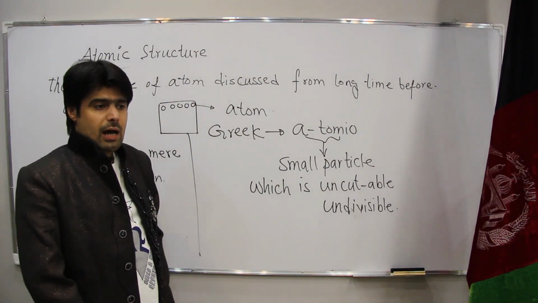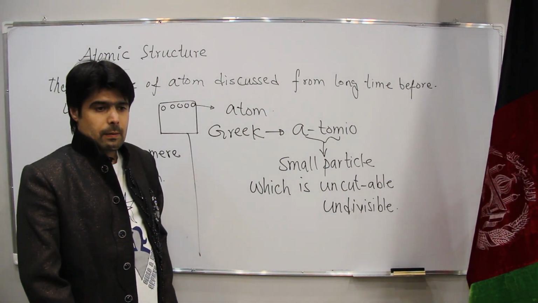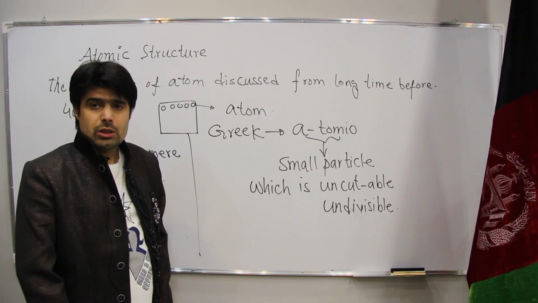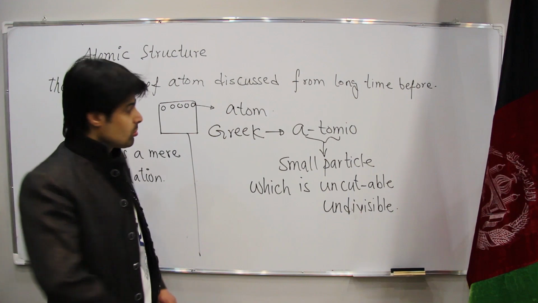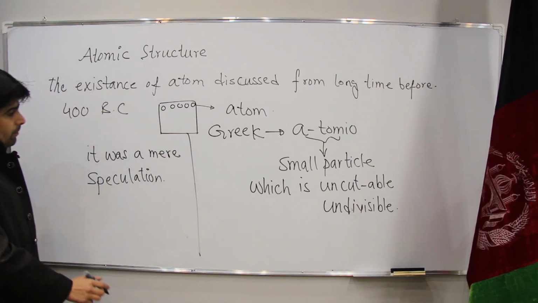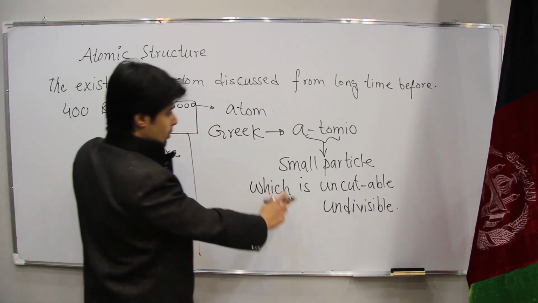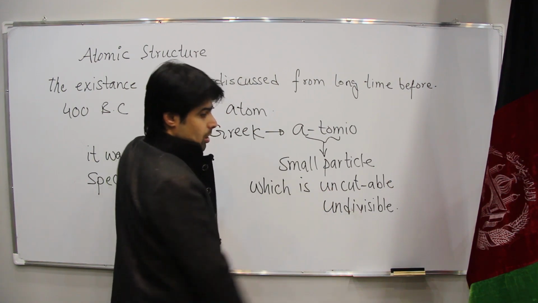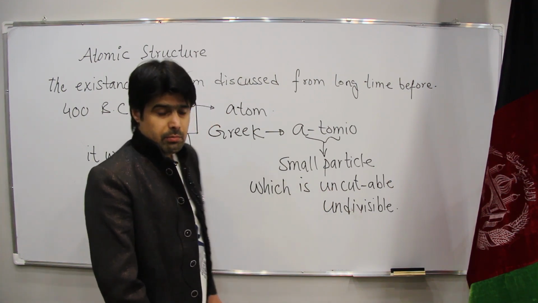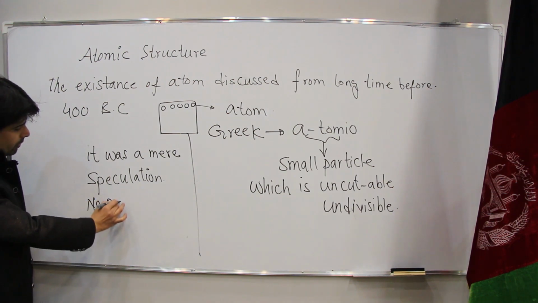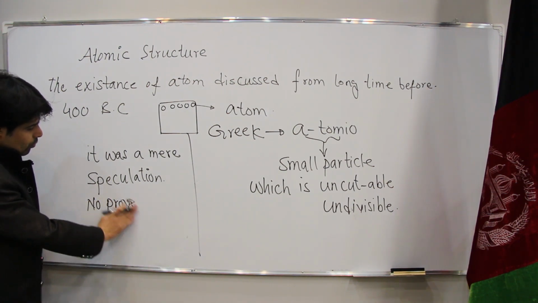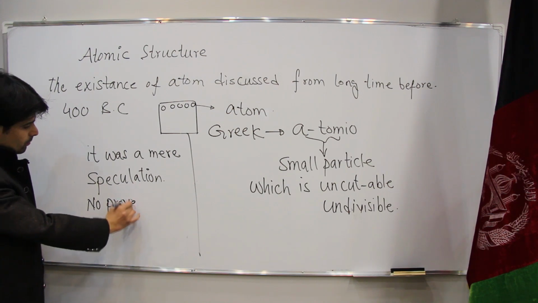Why? They didn't have the ability to test it. They said atom is a small particle which is uncuttable, but at that time there was no proof to test this.